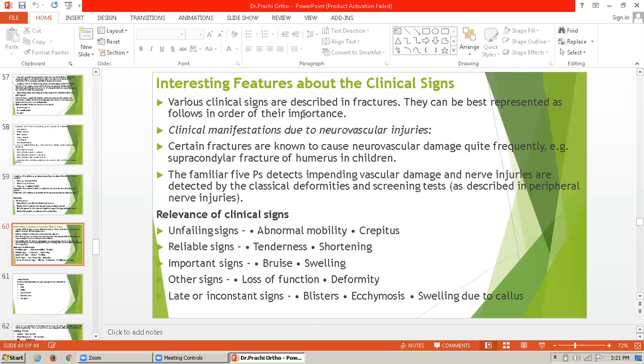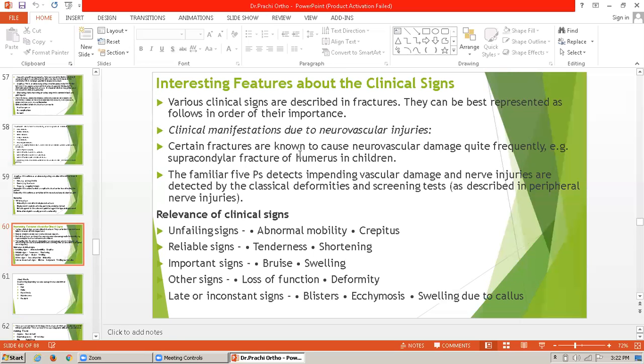Then, interesting features about the clinical signs: various clinical signs are described in fracture. They can be best represented as follows in order of their importance. There are clinical manifestations due to neurovascular injury.